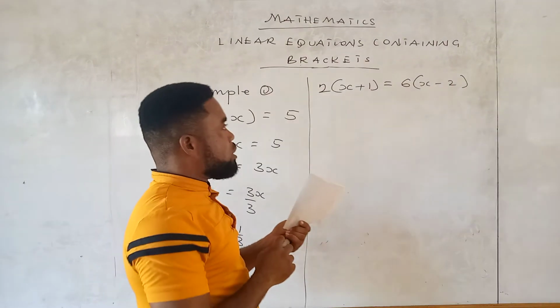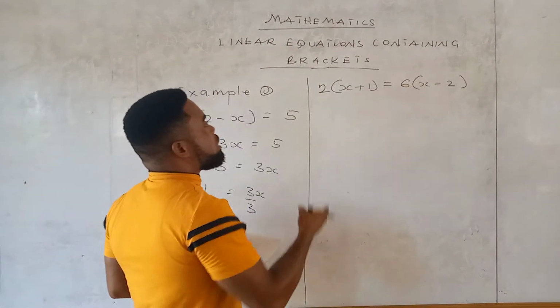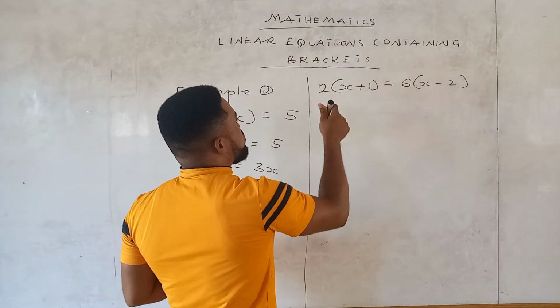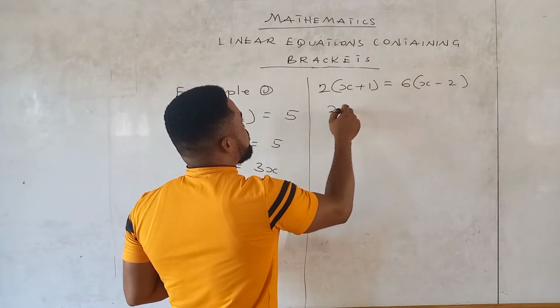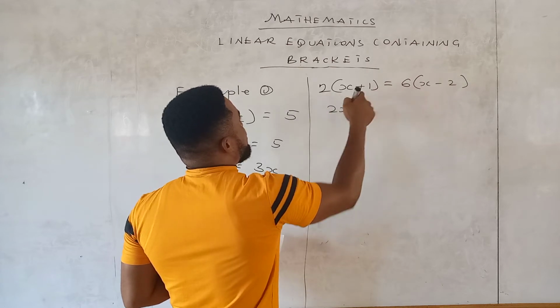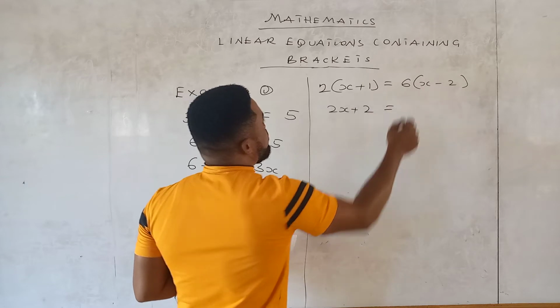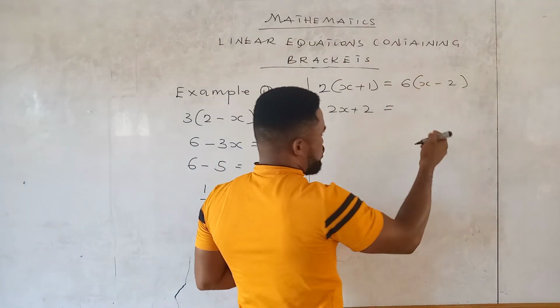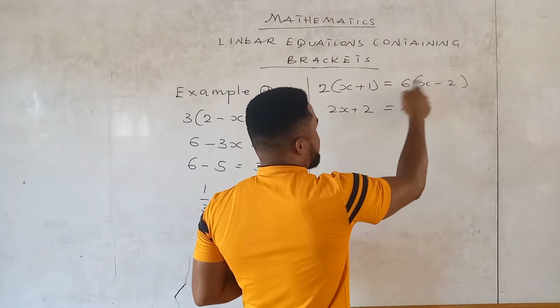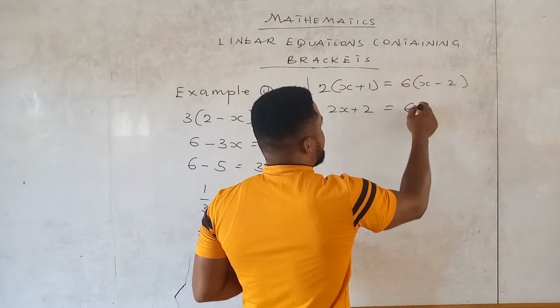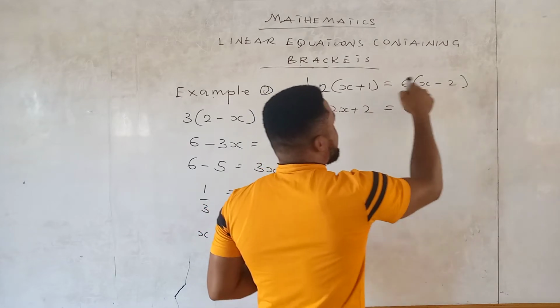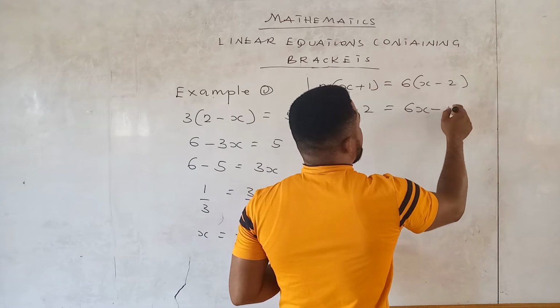So as usual, you dissolve the bracket. They are all positive. So 2 times x will give us 2x. 2 times 1 will give us plus 2. Equal to 6 times x, which gives us 6x. This is negative, and that is positive, so we have minus what?